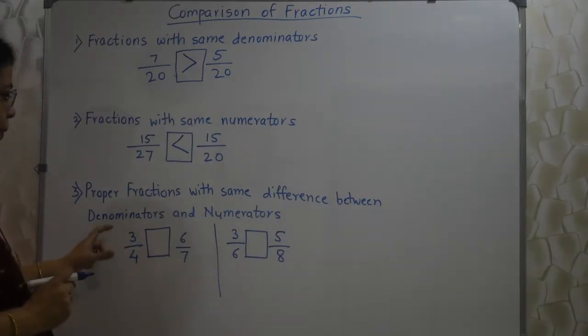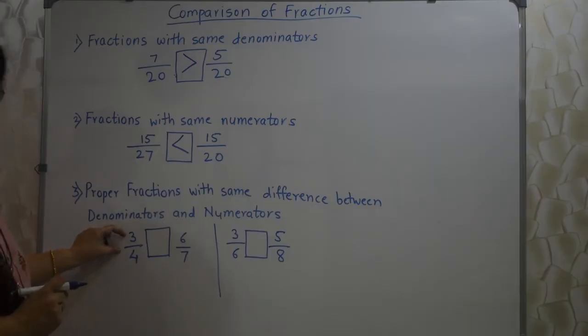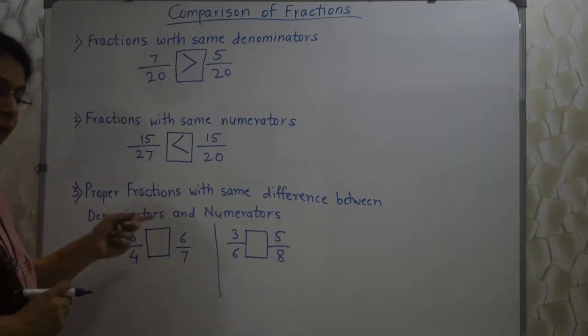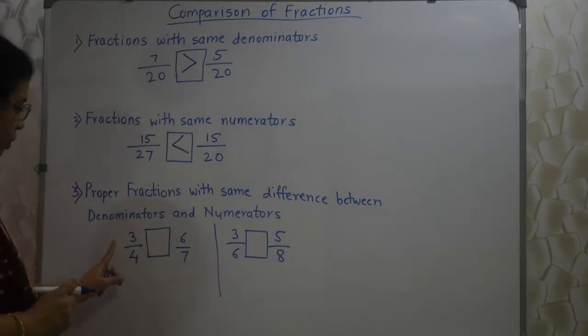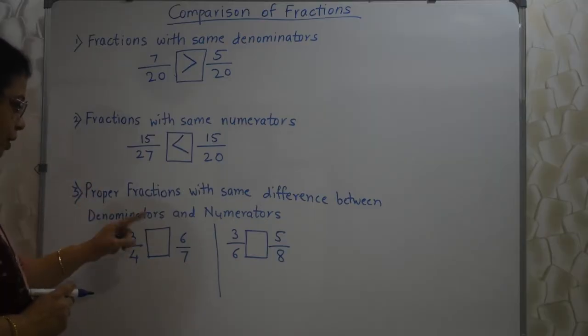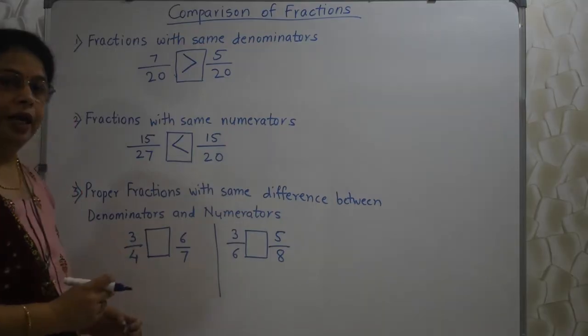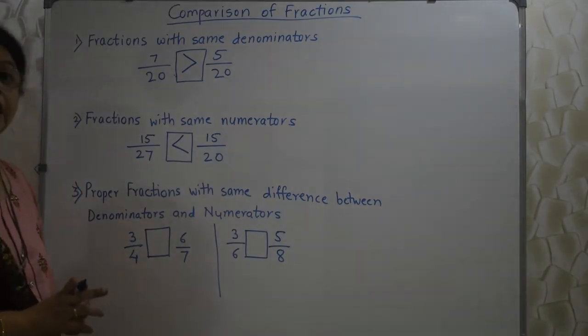So when we are comparing proper fractions and the difference between the denominator and numerator, denominator minus numerator, is the same in both cases. Now here two fractions we are comparing. So 4 minus 3 is 1. 7 minus 6 is also 1. In that case the comparison becomes easy.